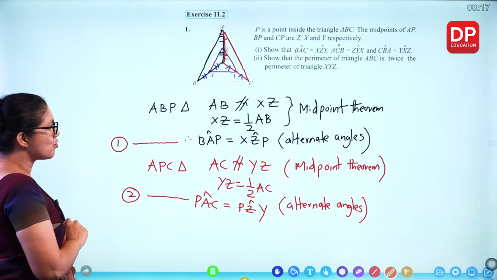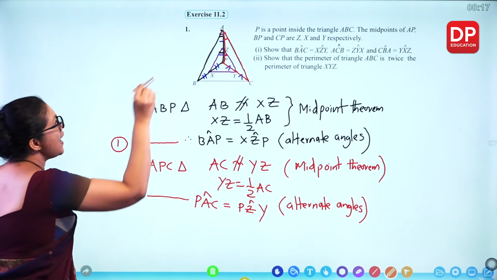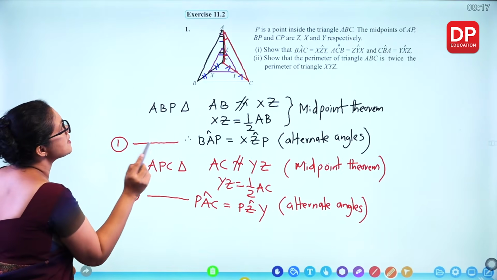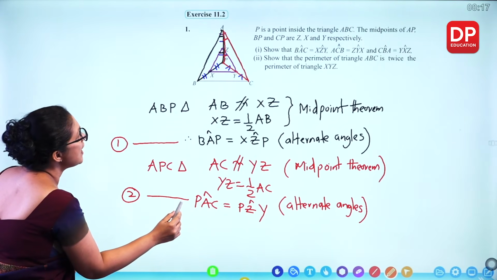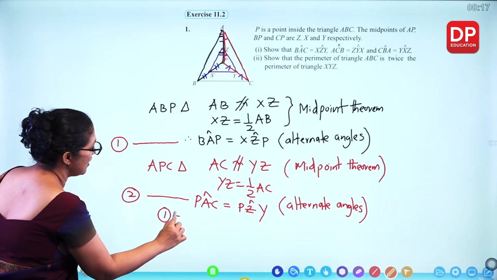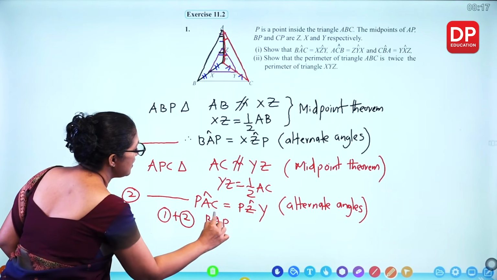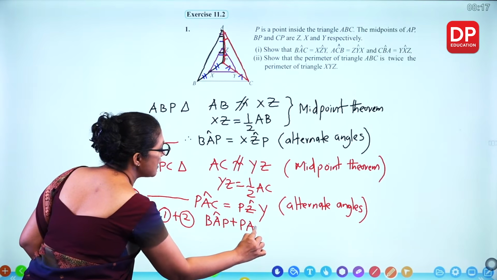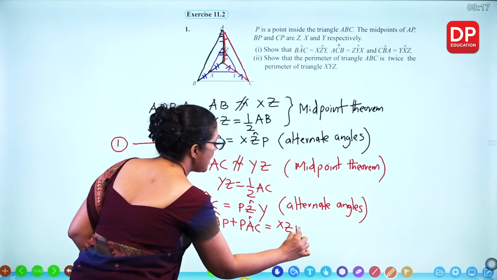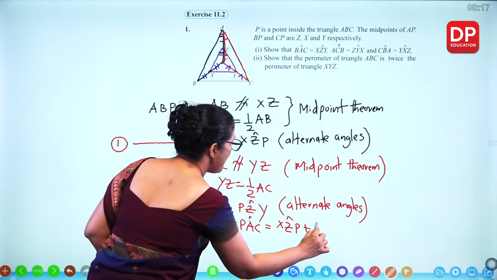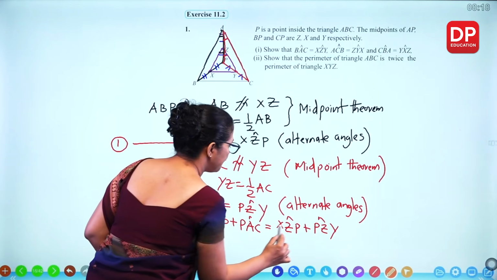Now, I want to add this one and this one. When I add these two, what am I getting? Angle BAP plus angle PAC on this side, and the other side angle XZP plus angle PZY.